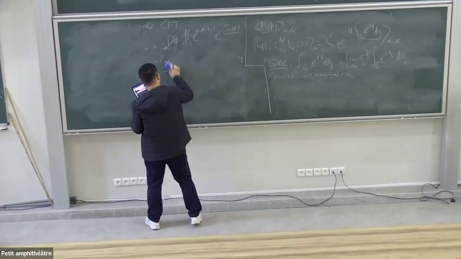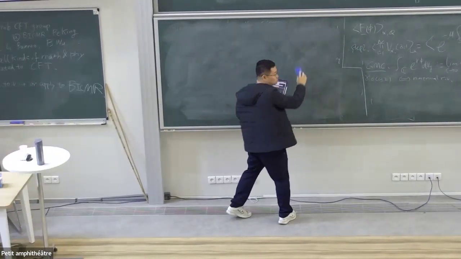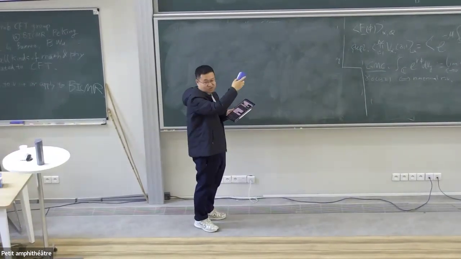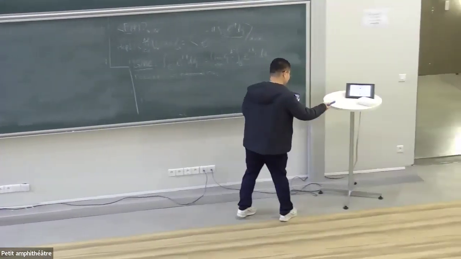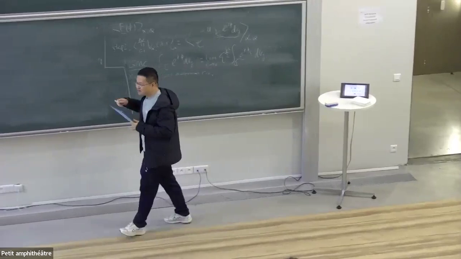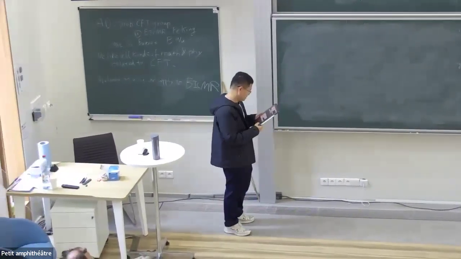Okay, so I have 5 minutes left, and now I need to state my last 2 theorems and also the proofs about the Ponsot and Teschner. So I will see how much I can convey during these 5 minutes.